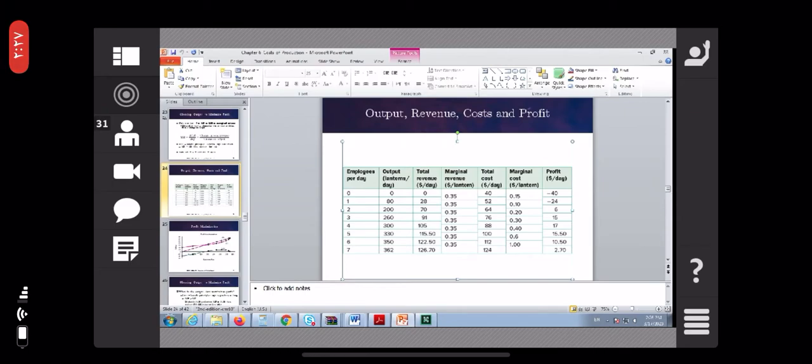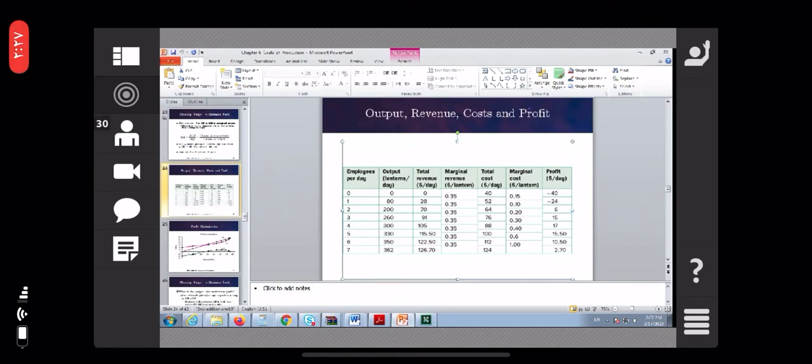Find the profit. I have the total cost column, which is variable cost plus the fixed cost. Variable and fixed.